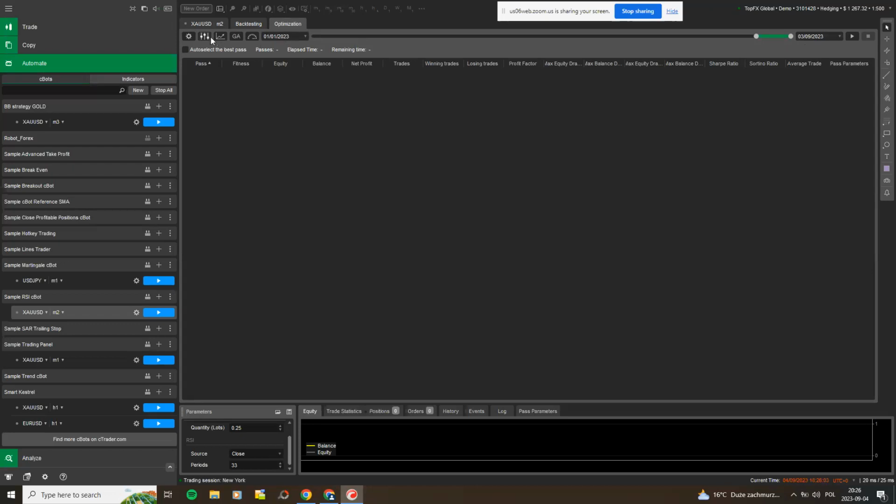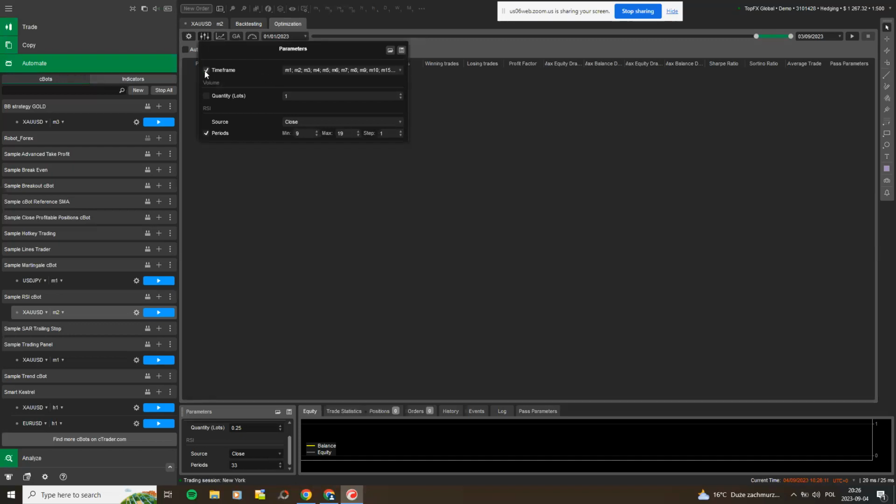All right, now we want to click here, and now we are going to set the parameters. The parameters will be the time frame, M2, as it was here. The quantity of lots will be lower because we want to set something in between, 0.25.